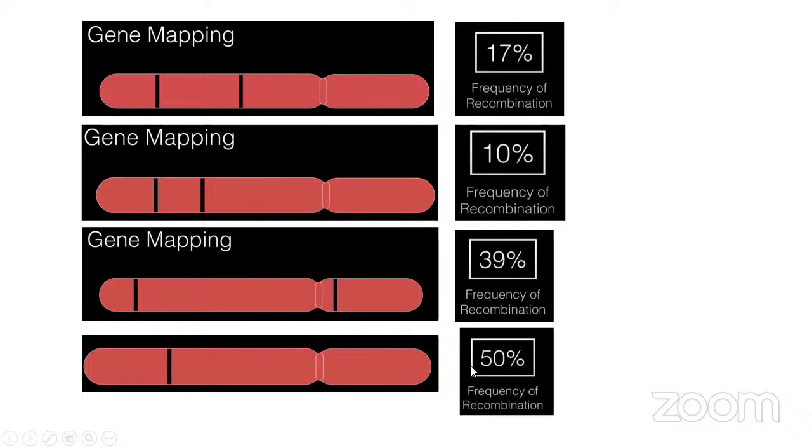If the frequency of recombination is 50%, that means they are located on different chromosomes. So 50% recombination means the genes are not present on the same chromosome. By utilizing this, he mapped the genes' locations on the chromosome, and this was known as gene mapping.